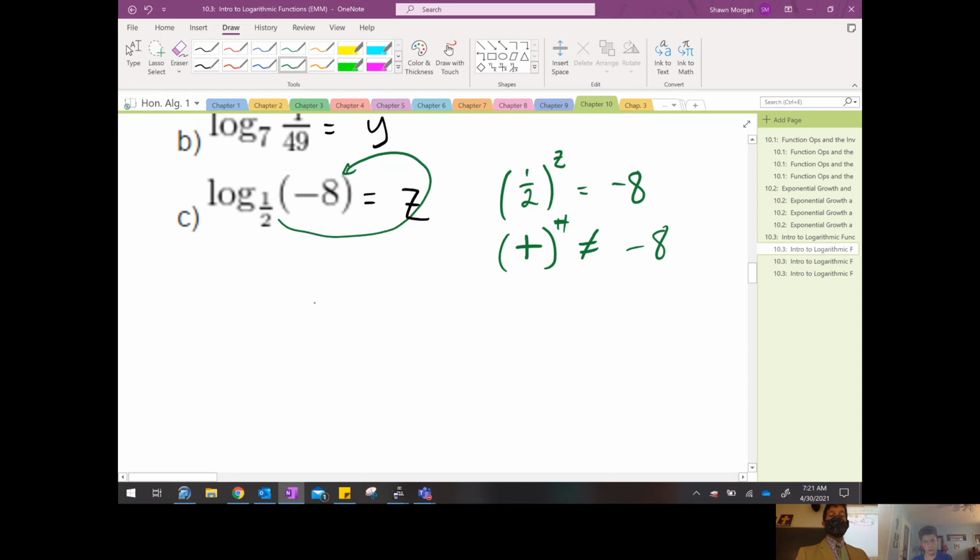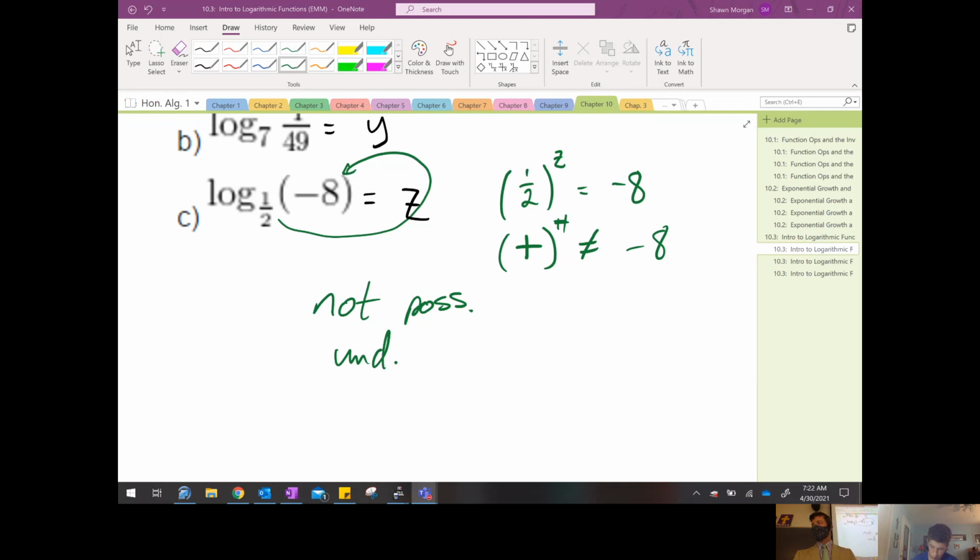So this is going to be an example where we say not possible or undefined, something like that. And that leads us to our first big point of the day, which I want you guys to all write down. You cannot take the logarithm of a negative number.